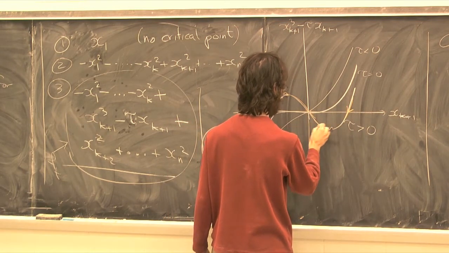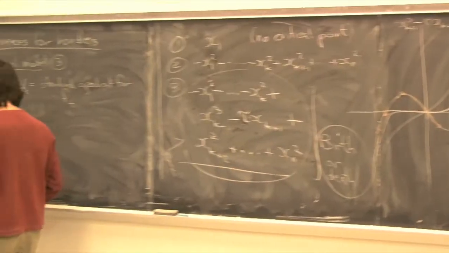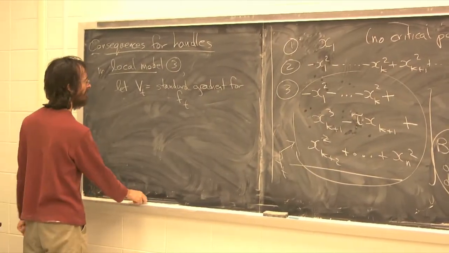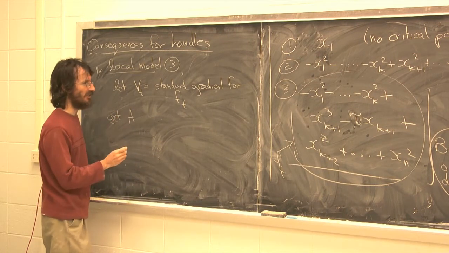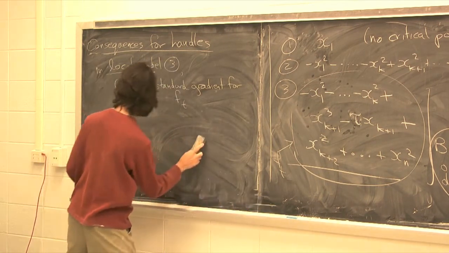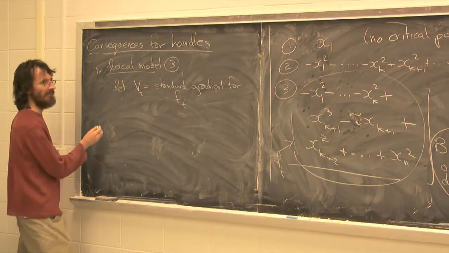It's just what it is once you have a pair of critical points. I'm doing the downward flow for the gradient vector field. And so I claim that, I want to understand what happens with the ascending and descending manifolds of the critical points.